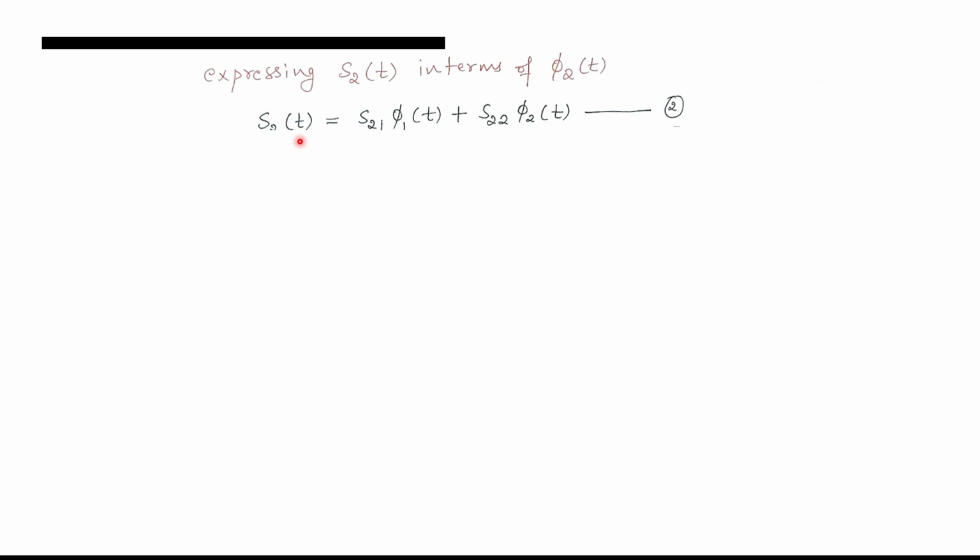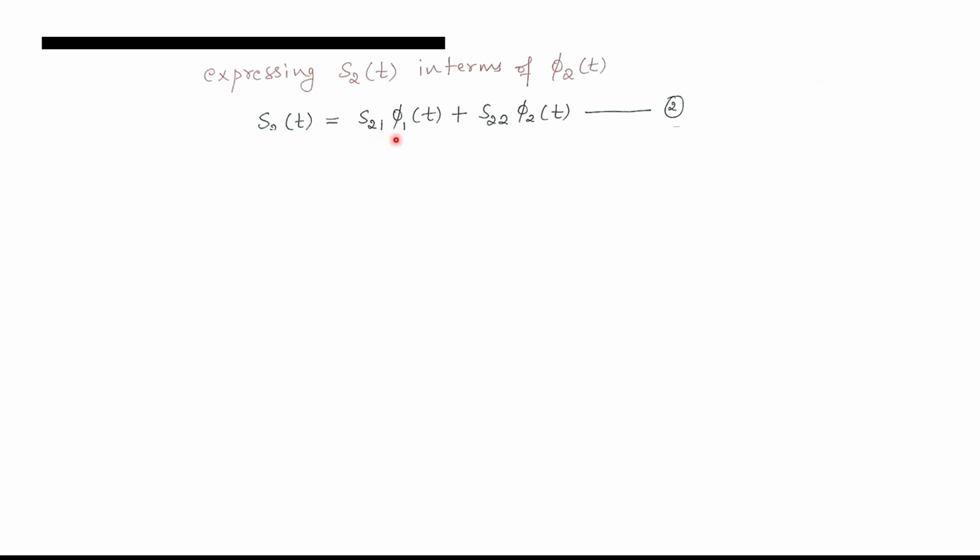So S2 of t is the linear combination of orthonormal basis functions as shown: S21 phi1 of t plus S22 phi2 of t. So phi1 of t is nothing but the first orthonormal basis function we obtained from the previous step.